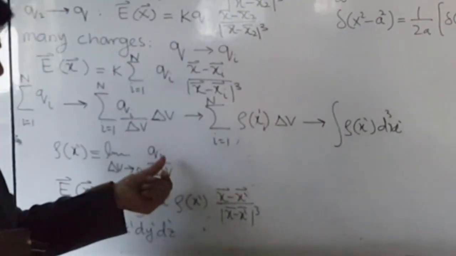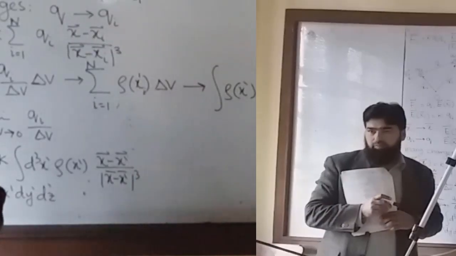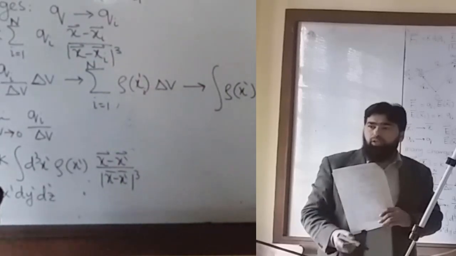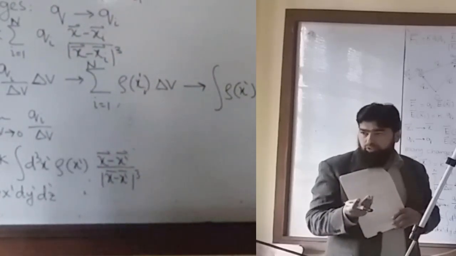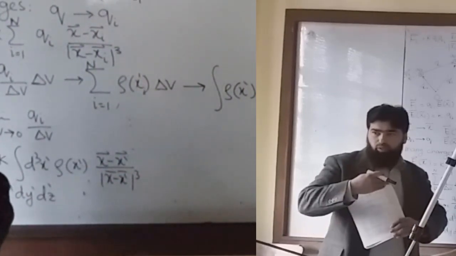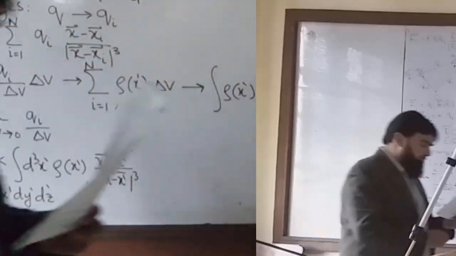So if I multiply q with a delta function, and the delta function is in 3 dimensions, then its dimensions will be 1 over volume. So for 1 over volume, I can write the delta function.